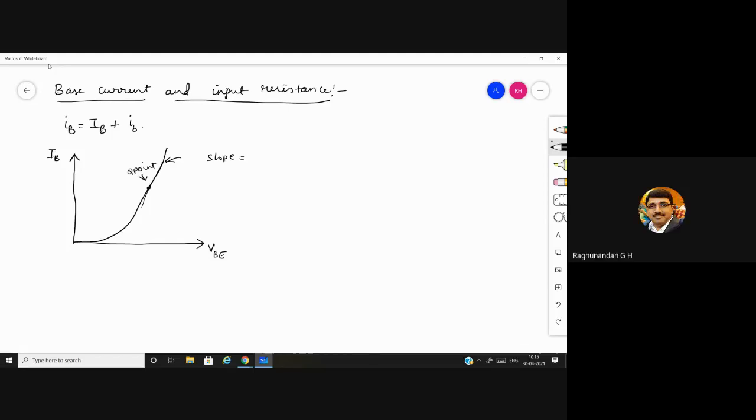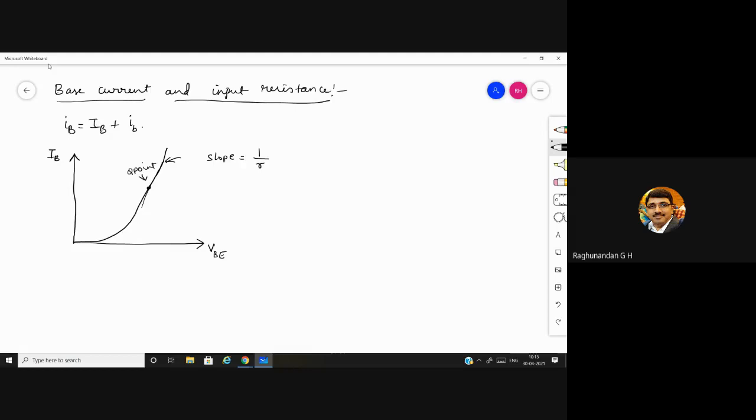That is fine, but with respect to I_B, so I_b by V_b, fine, correct. How can we write that in terms of resistance? In terms of resistance, slope is equal to 1 by R.